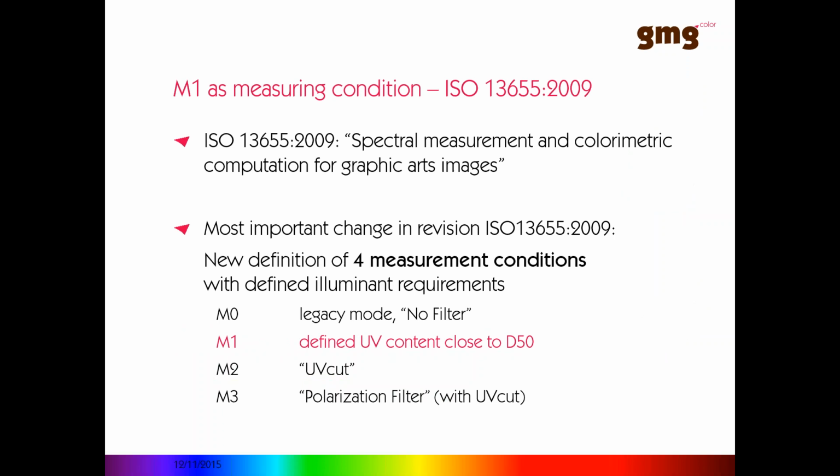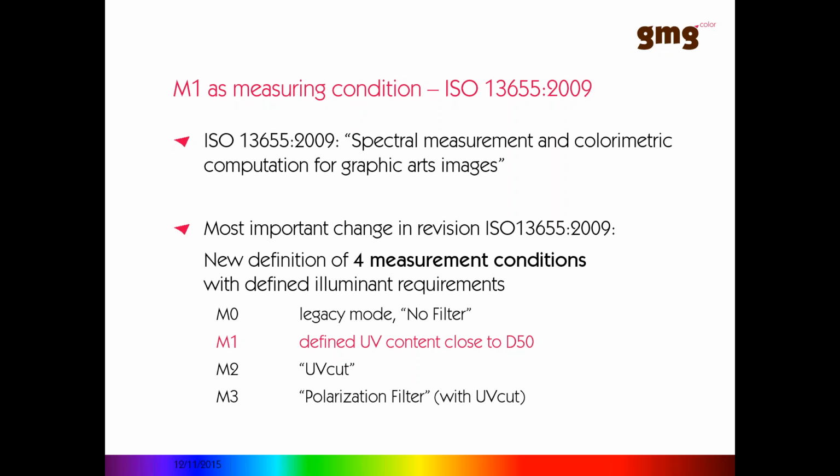So M0 describes the legacy mode. This has been the former no filter measurement mode. Jürgen already mentioned we had no defined UV content here. So when you measure no filter with one device and no filter with another device of a different vendor, the UV content in the light must not have been the same, since we had no rules for that actually.